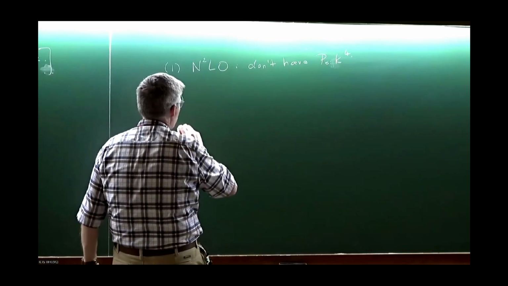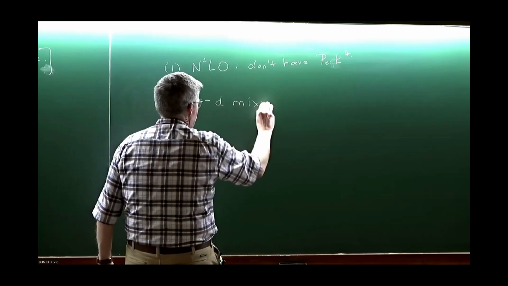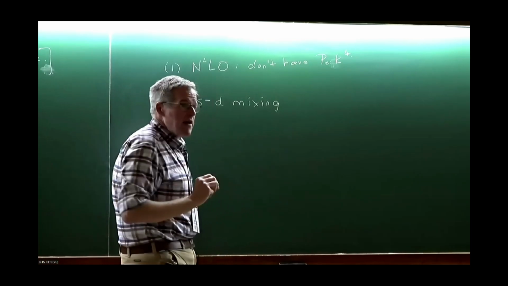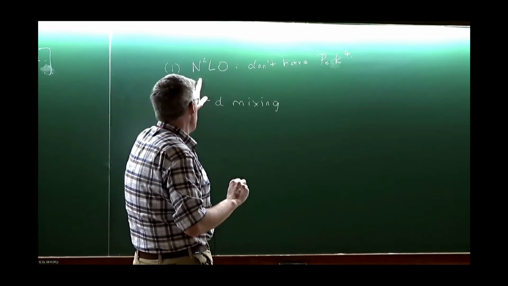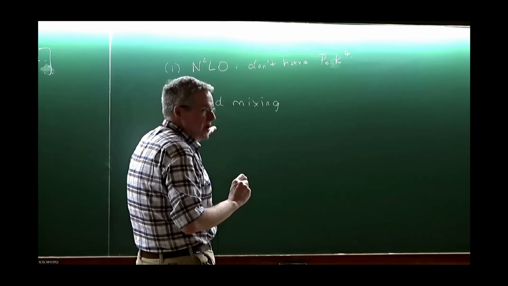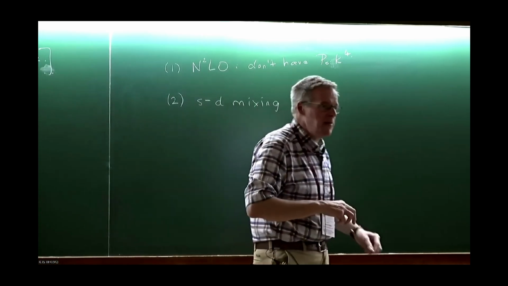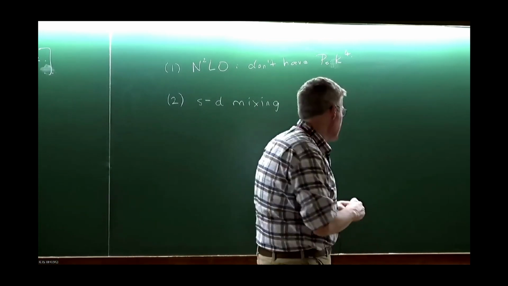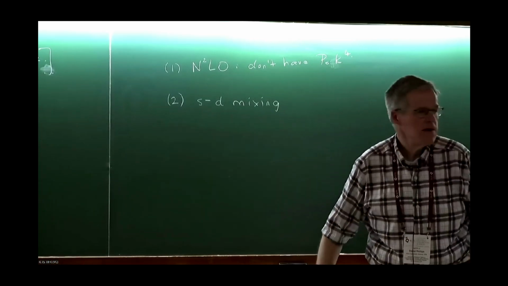The second part of your question is, at what order do I get SD mixing? This one I will need to think about, and I can probably explain it once Professor Kaplan has introduced his PDS scheme. This requires accounting for interactions in different partial waves.